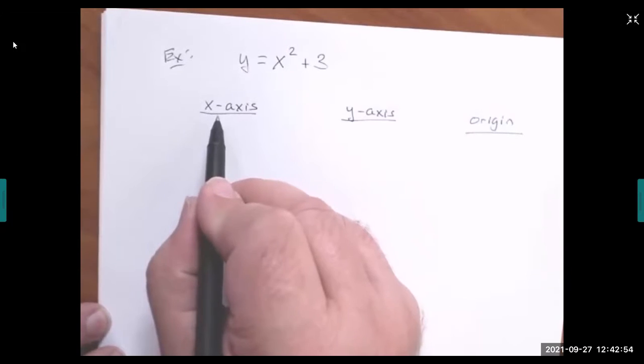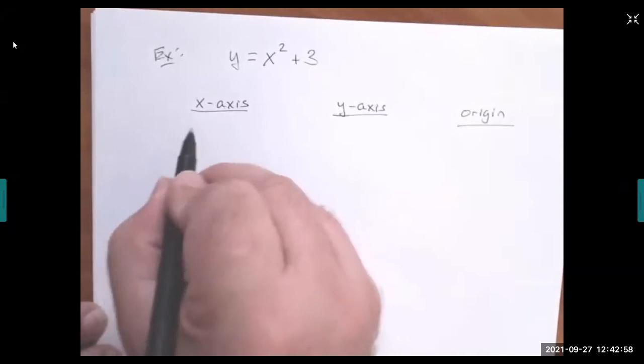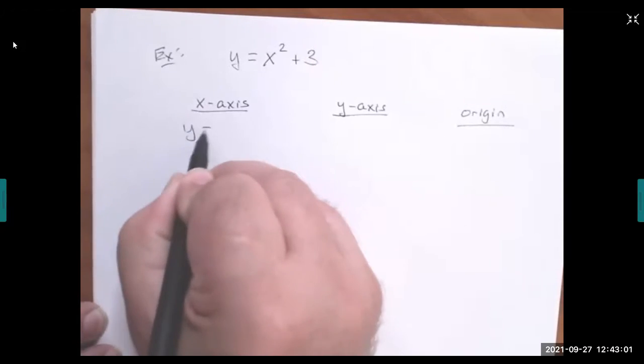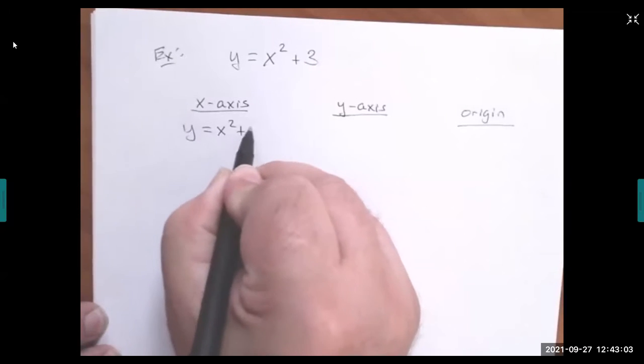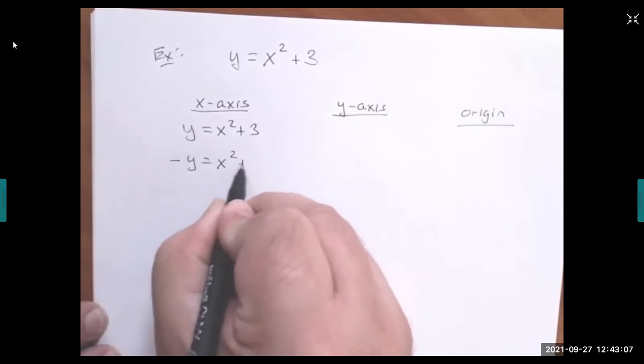What do we change for the x-axis? The y values. So we change from y equals x squared plus 3 to negative y equals x squared plus 3.